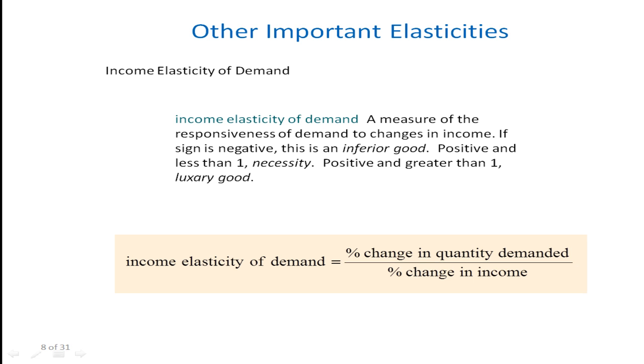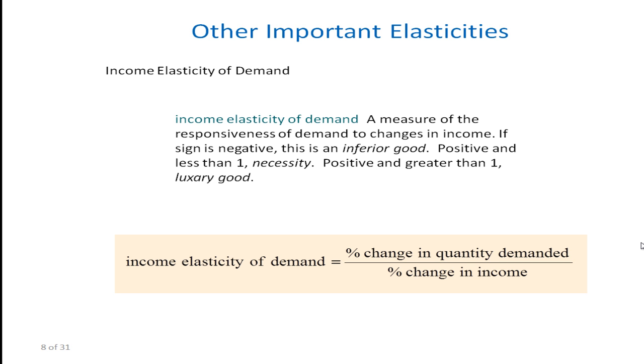A couple other elasticities. We've been looking at percentage change in quantity demanded divided by percentage change in price of that good, but you can also look at the percentage change in quantity demanded divided by the percentage change in income. So this measures how responsive demand is to a change in income.